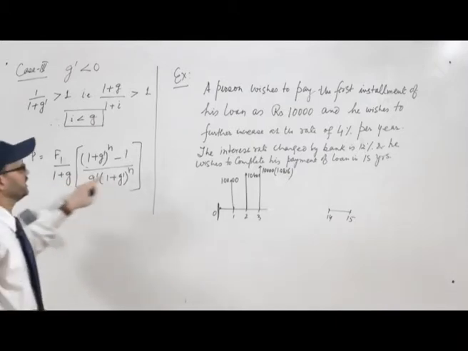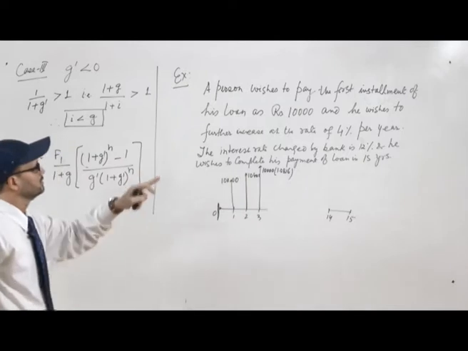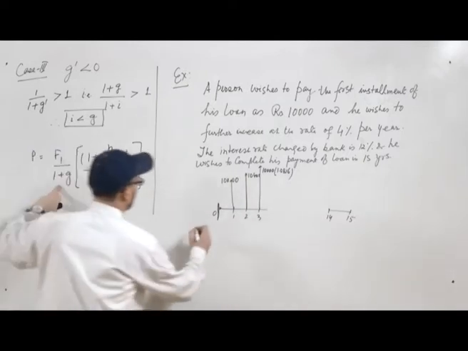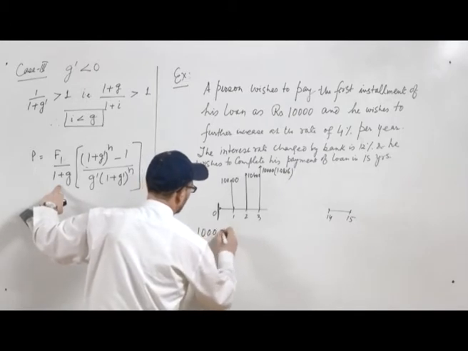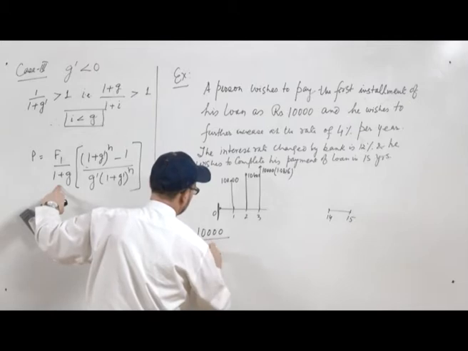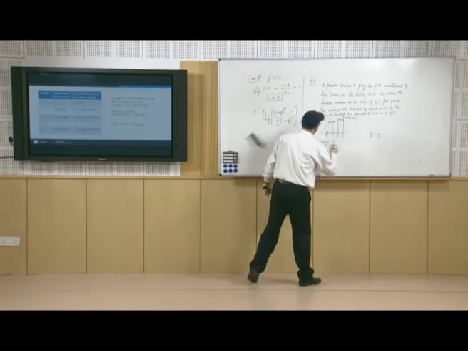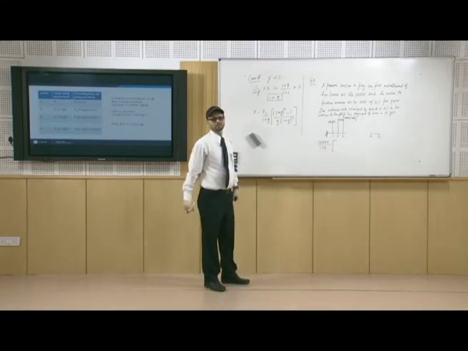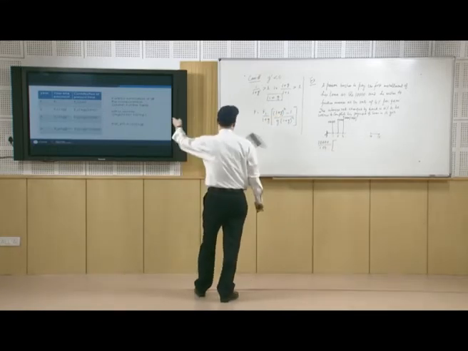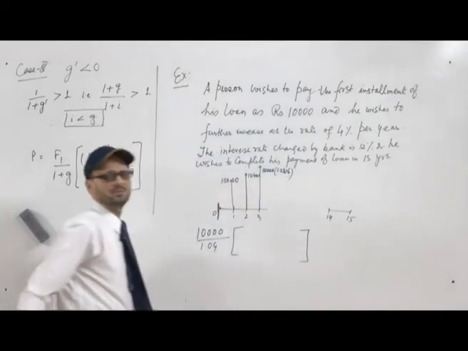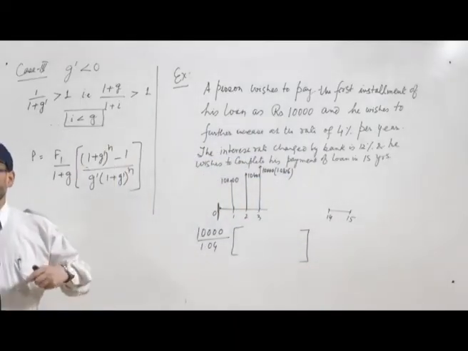You know g is 0.04, so it will be 10,000 by 1.04. Then you have to find these factor values. This is P by A g prime n. So, you have to first calculate g prime, and we know how we calculate g prime.